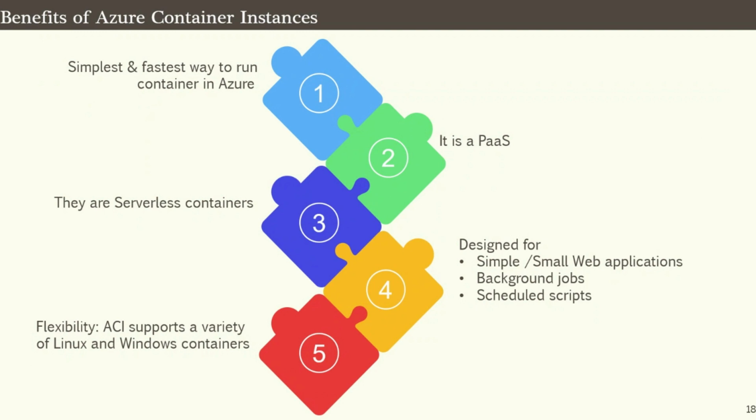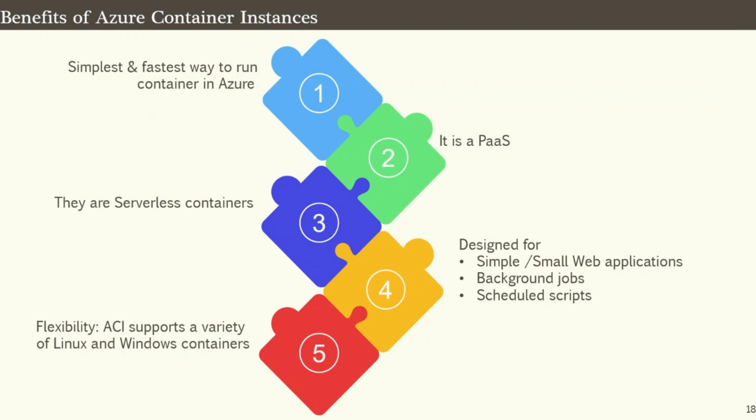It's a platform as a service, and so you can leverage all the benefits of platform as a service. Third important one, they are serverless containers. You don't require any physical hardware to maintain, manage with respect to software, hardware upgrades, and other stuff.